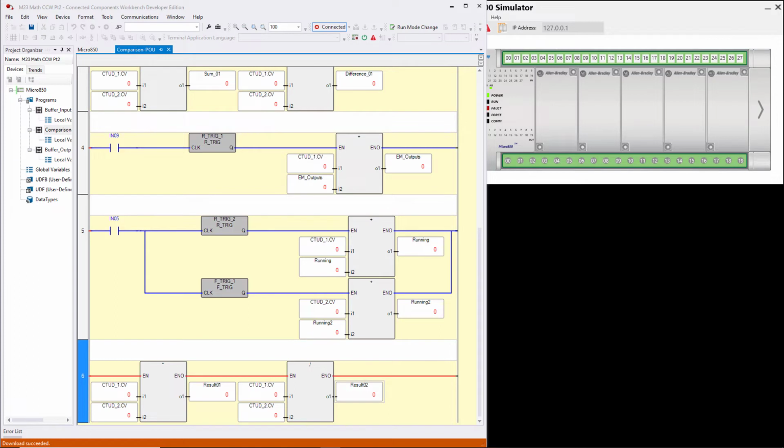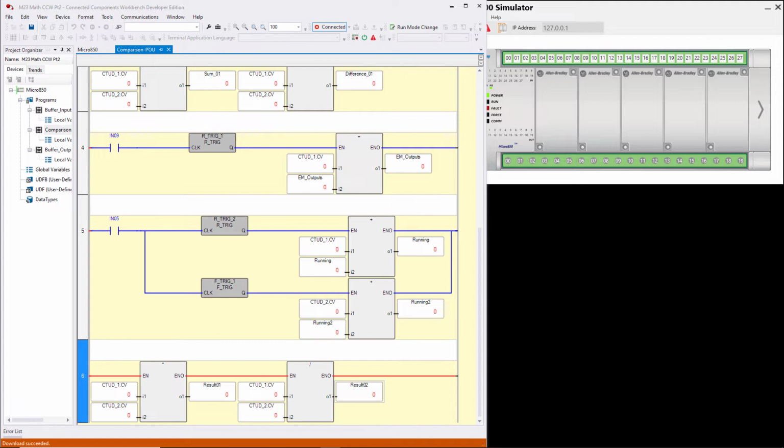So the first question was, is there any interaction between these two operations? Absolutely not. Notice that the color of the rung is red all the way across. That's because these aren't like count up, count down instructions that have an output based on a comparison of a process variable and a control variable.